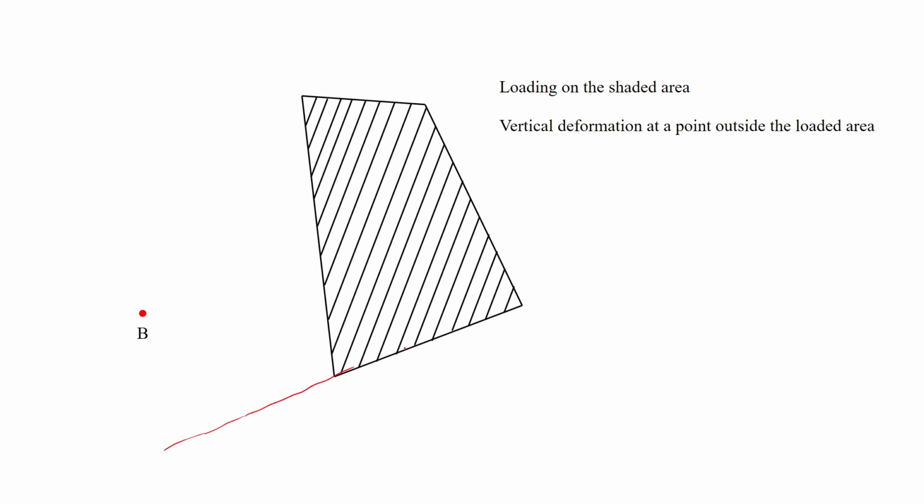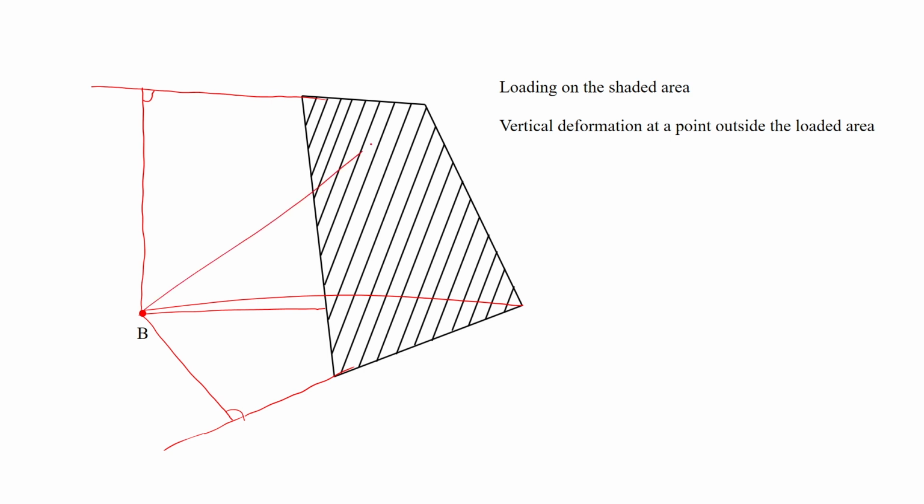For example, I will extend this line here, and extend this line here, and draw a perpendicular here, and another perpendicular here. I will join these two lines, and draw a perpendicular to this particular point.